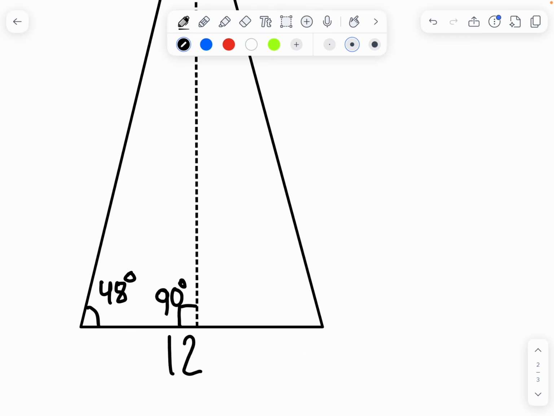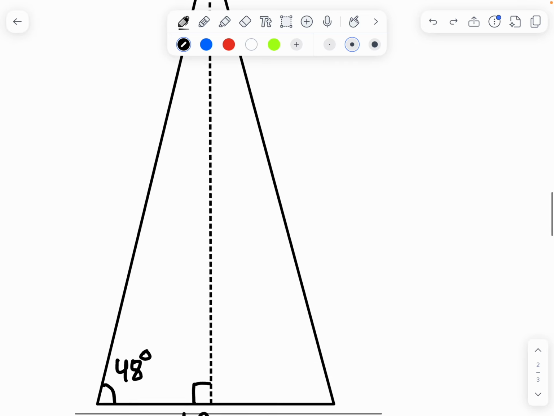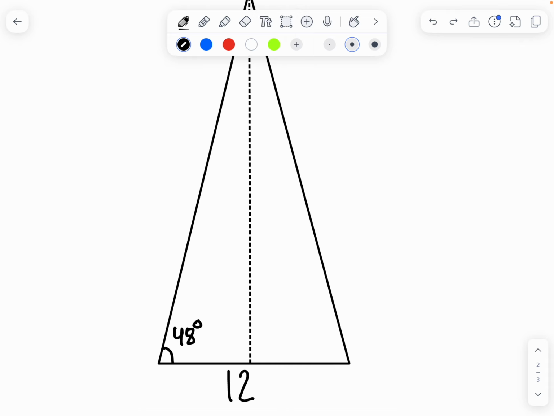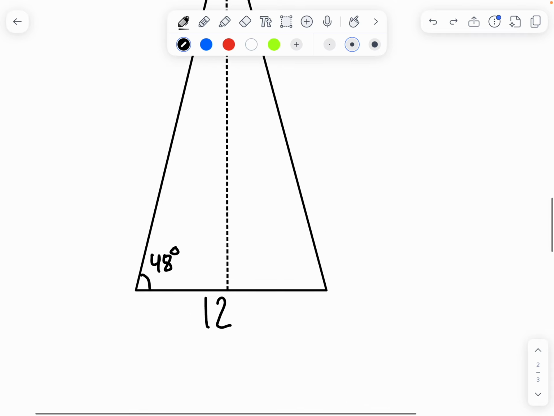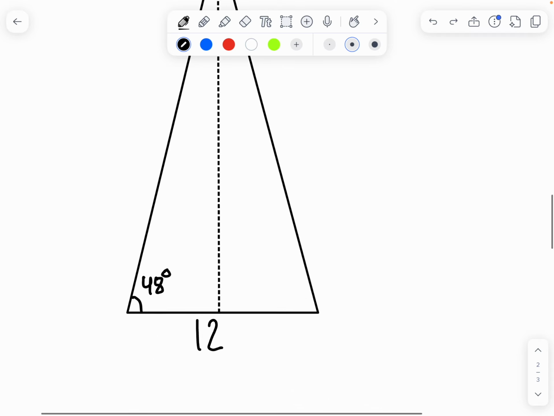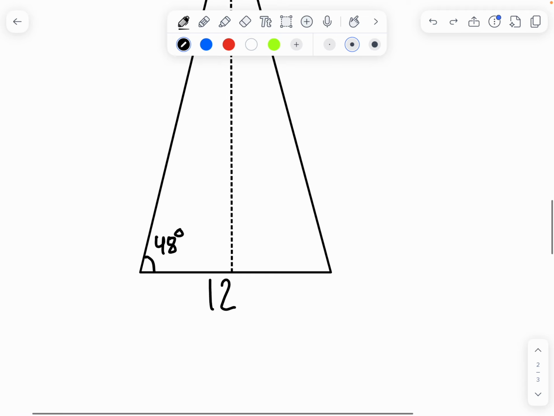Now because we have a 90 degree, we can actually start solving for the other sides. So because this splits both sides in half, we get this side to be 6 and this side to be 6.